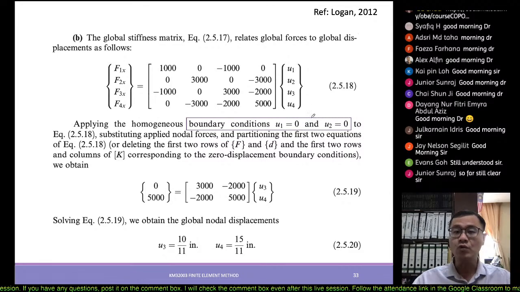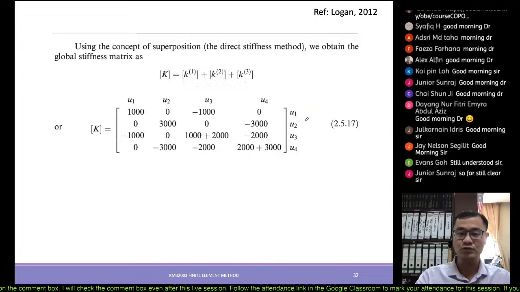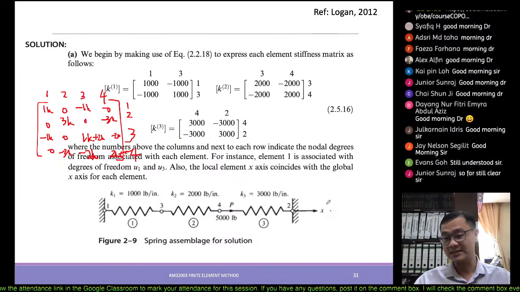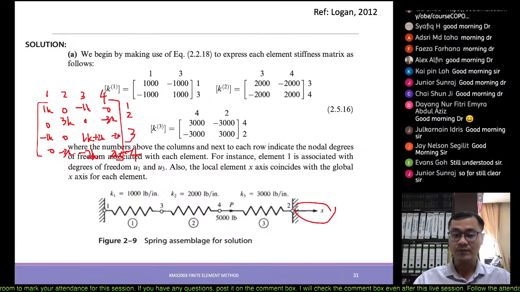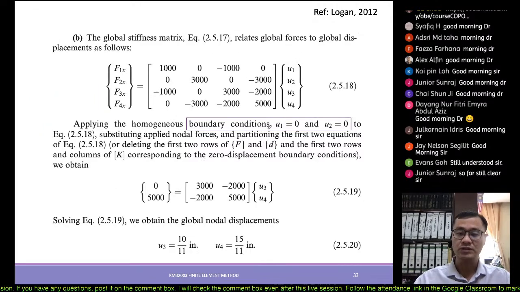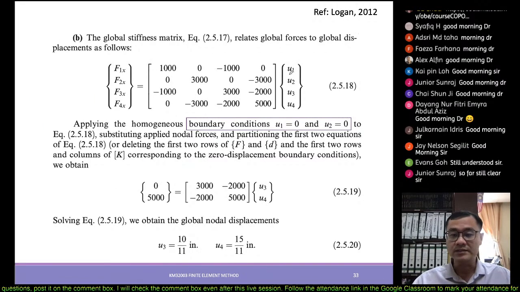We know the boundary conditions for the two ends: they are attached to the wall, so 0 and 0. Remember this is just an axis, not a force. So the two ends' displacement is 0, and we just put in u1 is 0, u2 is 0.